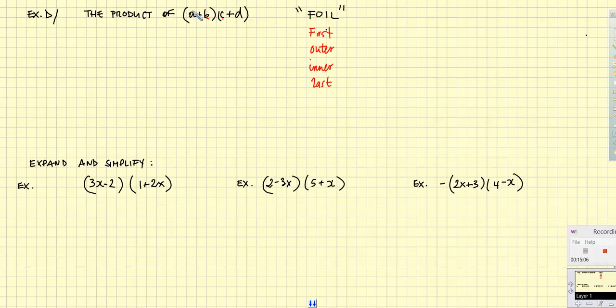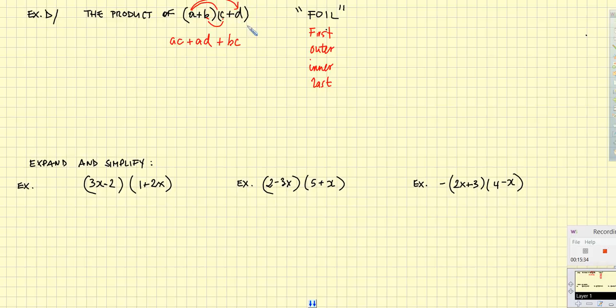So I will do the first terms, a times c gives me ac. Then I'll do the first term with the last term, or a times d, which is ad. Then I do the second term of my first parentheses with the first term of my second parentheses, which gives me bc.